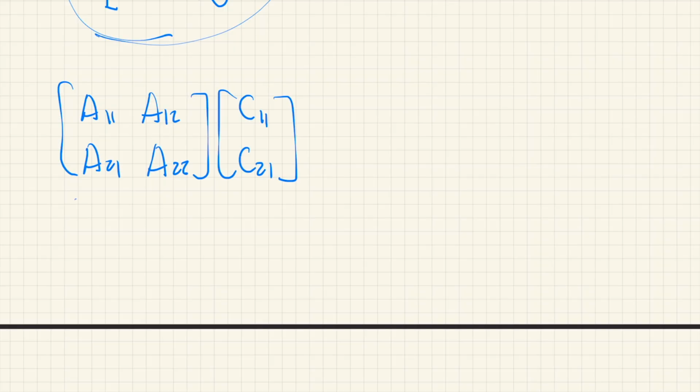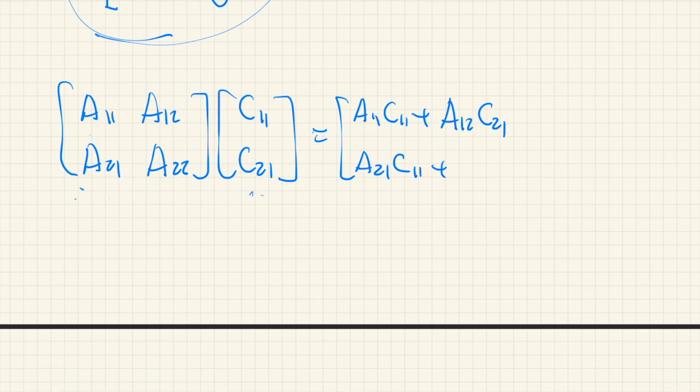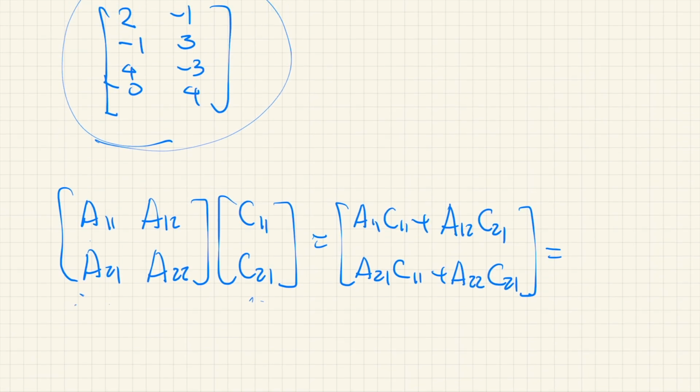So for these block matrices, we can calculate the matrix product: A11 C11 plus A12 times C21, and A21 times C11 plus A22 C21. And you should try that, and you should get the same result as this.